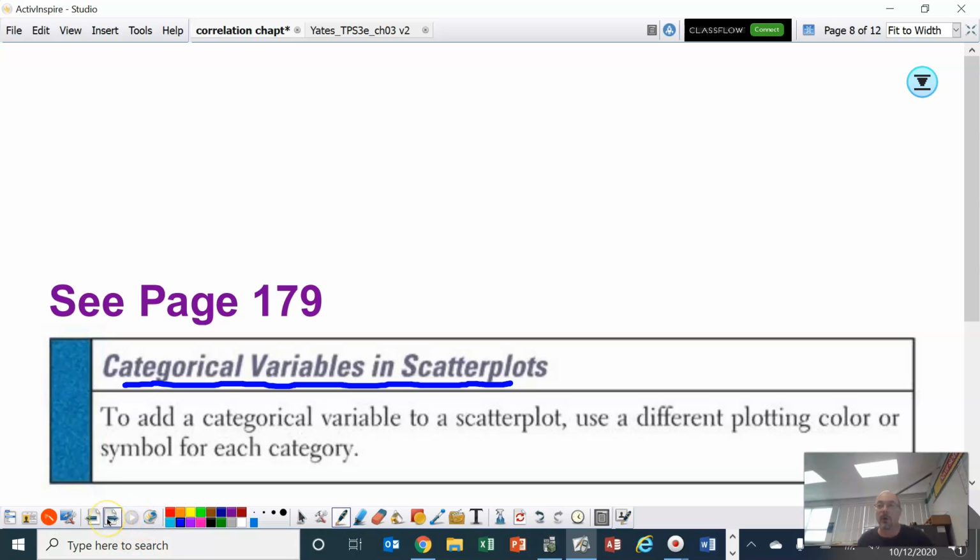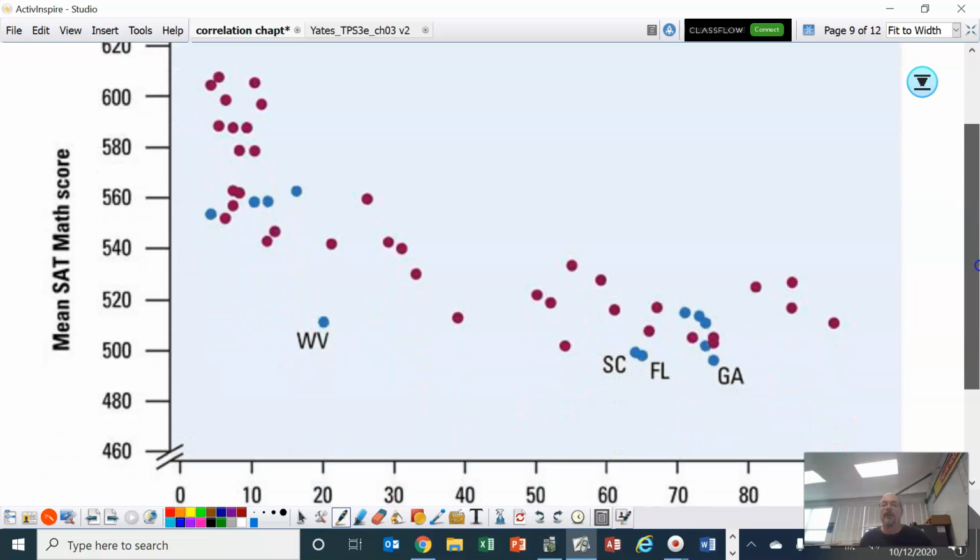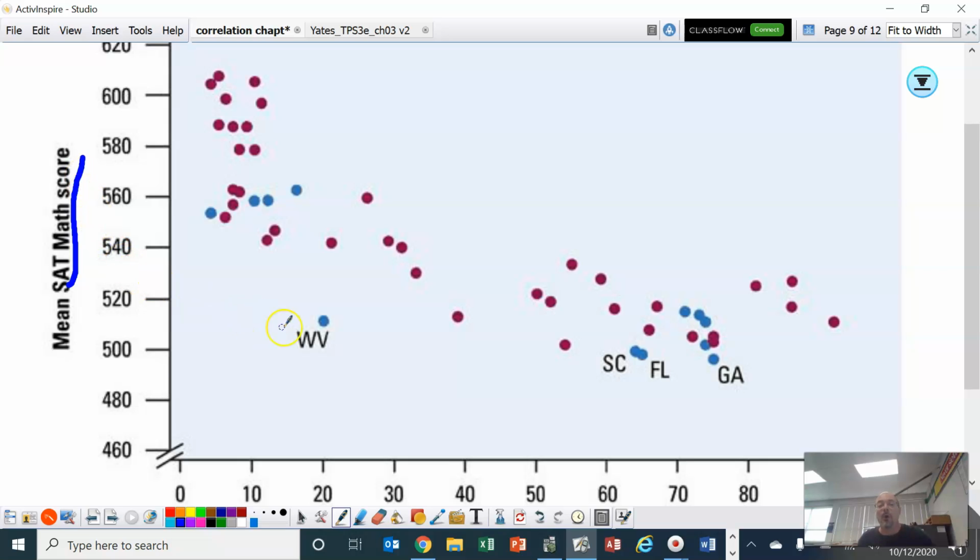Remember, categorical is not numerical. Looking at these blue dots, obviously it's a negative correlation, and I believe this is dealing with SAT math scores by region. They broke it down: the blue dots are the East Coast.